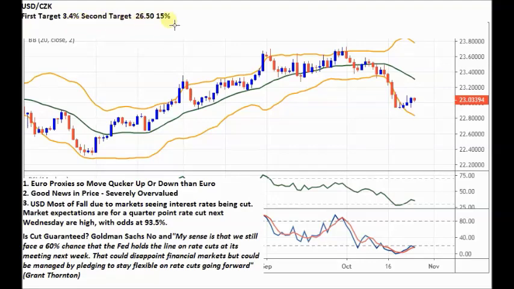Second target 2650, that's the monthly resistance level, 15% no leverage. So you only need 2 or 3 to 1 leverage and you've got yourself really great reward, obviously, if the analysis here proves to be correct, which obviously I hope it does.